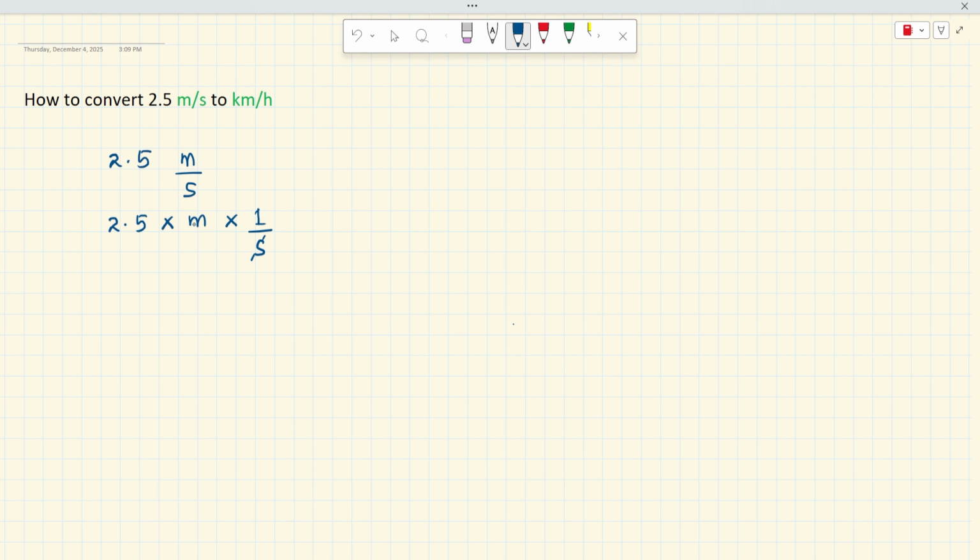Then meters we have to convert to kilometers. You know 1000 meters equals 1 kilometer. Both sides I'm going to divide by 1000 because I need 1 meter. 1000 cancel 1000. You get 1 meter equals 1 over 1000 kilometer.